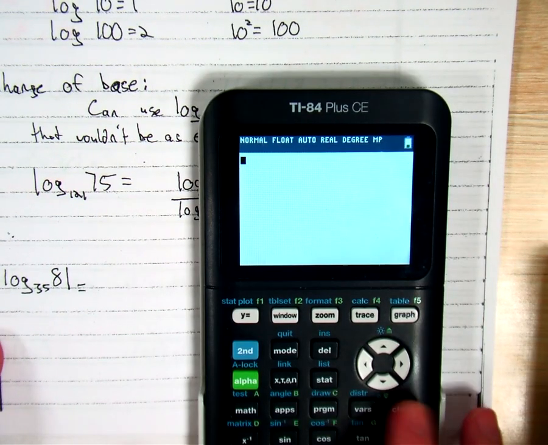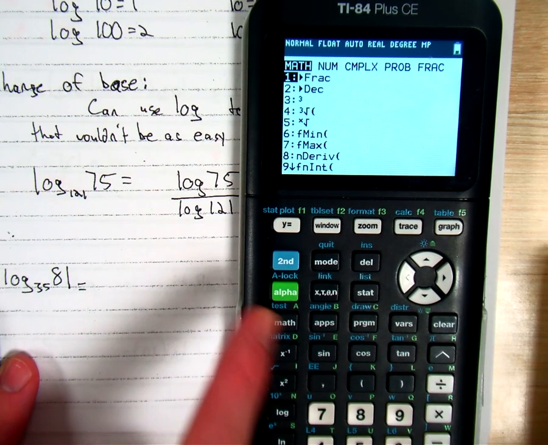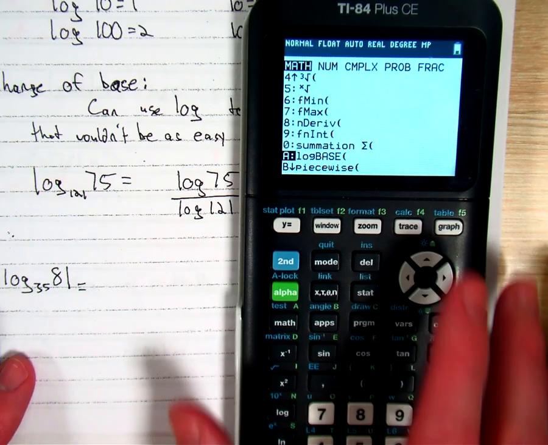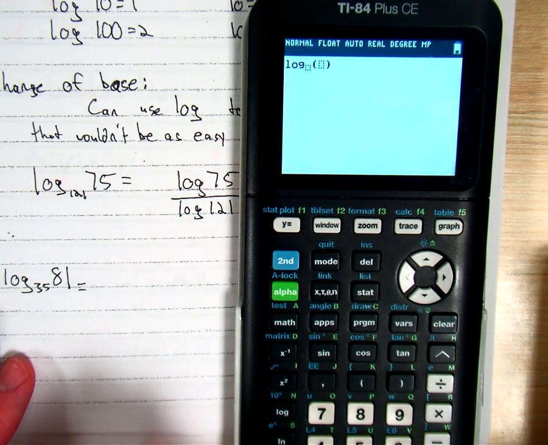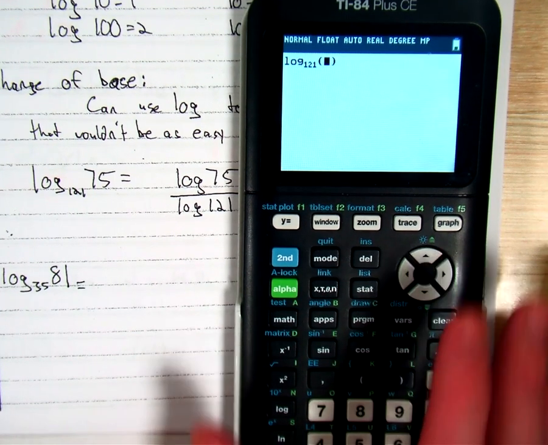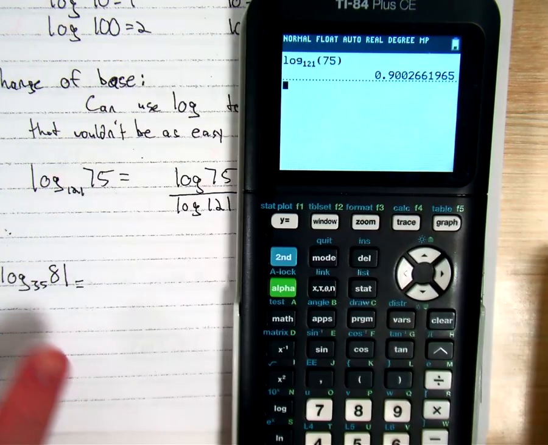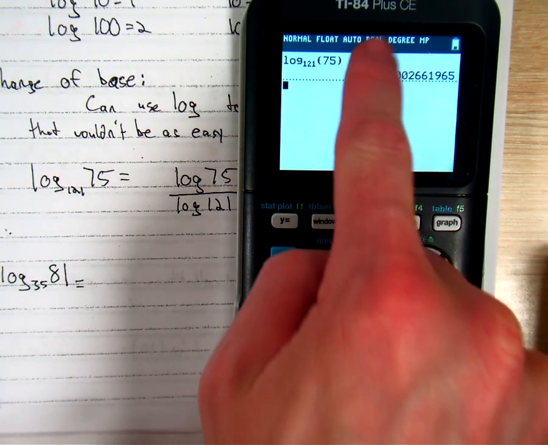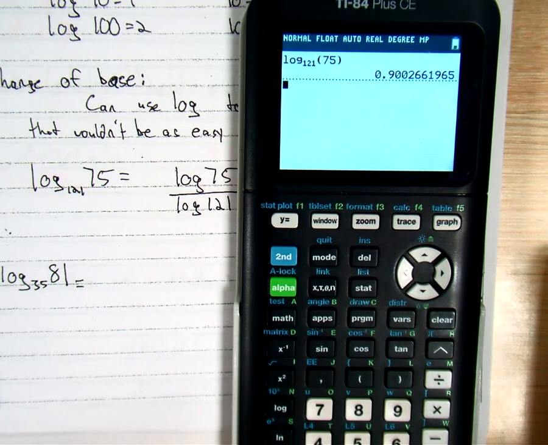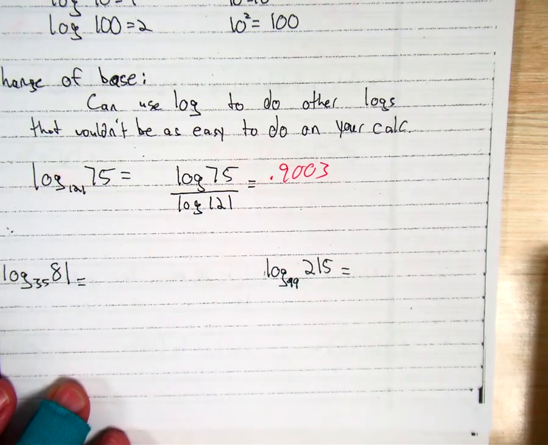Now, on your graphing calculator, you could probably go to Math and scroll all the way down to the bottom to log base, and it comes up with log blank of blank, and you can type in whatever you want. But what it's doing behind the scenes is this formula: the common log of the big number divided by the common log of the little number. And we'll have 0.9003.